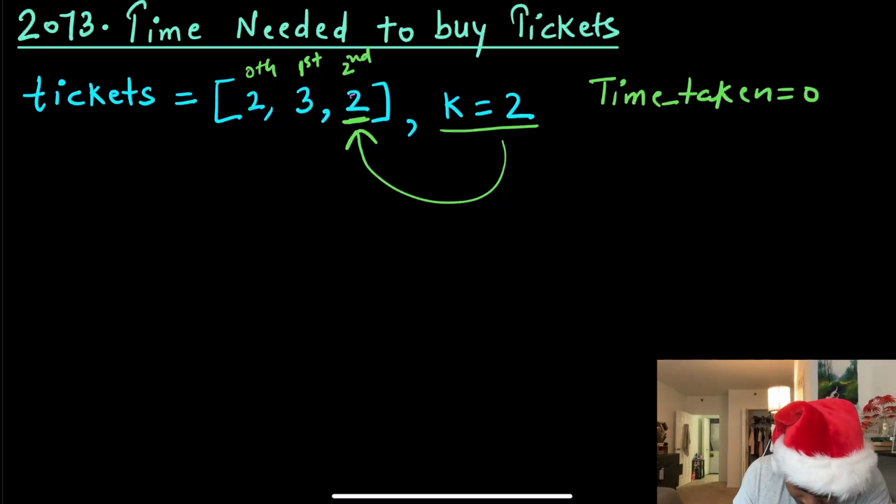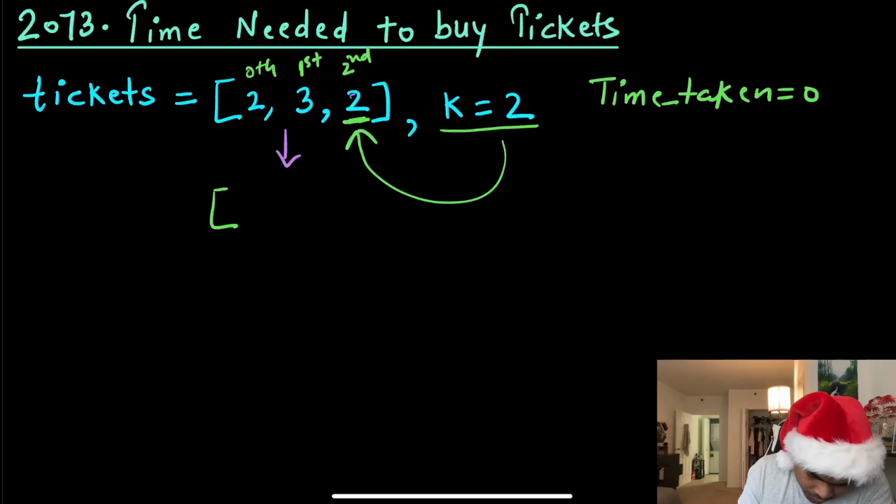So if this is the person at the end of the queue, what will happen is the 0th person will buy one ticket and go to the back of the queue. So this guy right here will go to the back of the queue, and this will come to the front. 3 will come here.